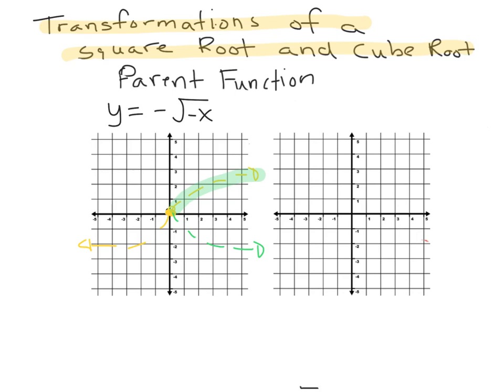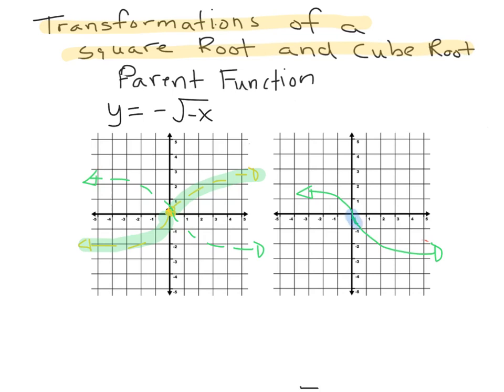And then when you flip this section right here across the x-axis, he's now here, okay? And that just makes sense. If you were to flip it across the x-axis, that's where you'd be. Now I'm going to draw my green line over here, okay? So that's the x-axis.